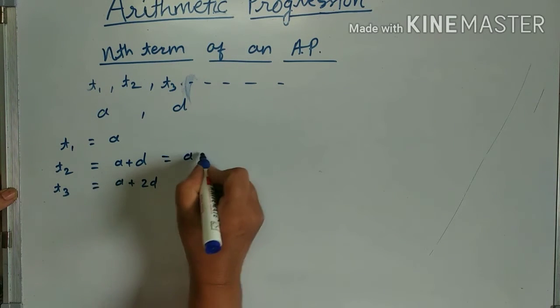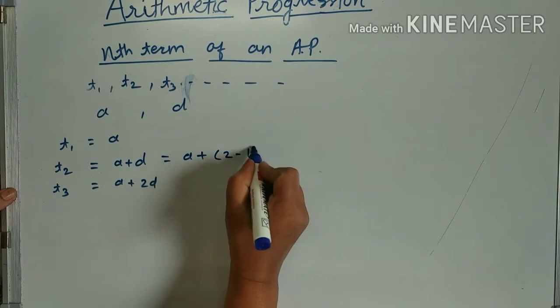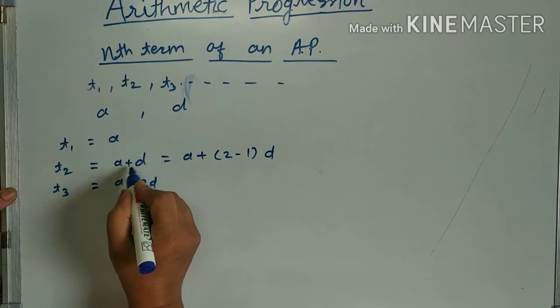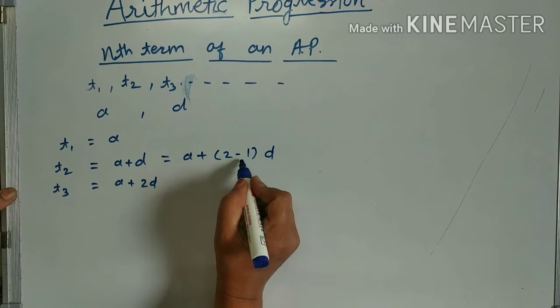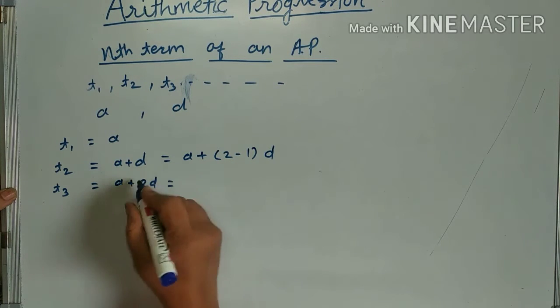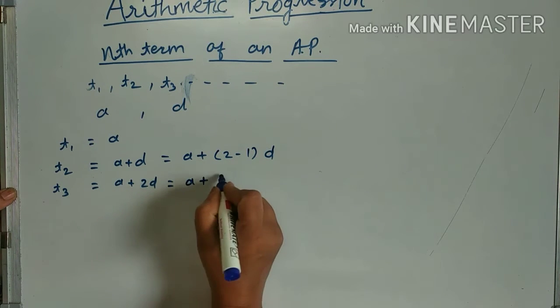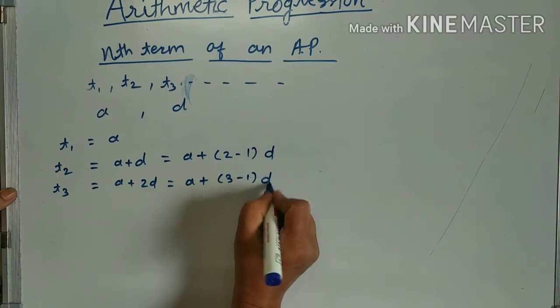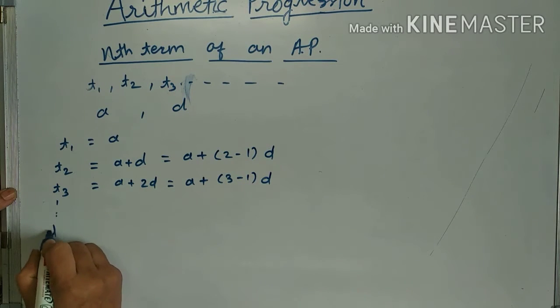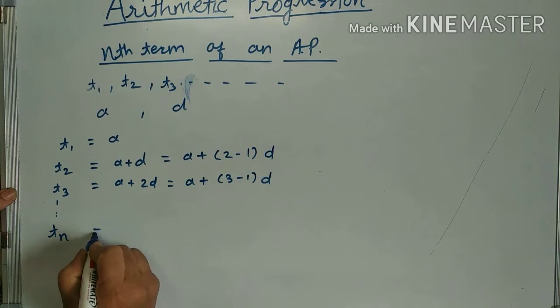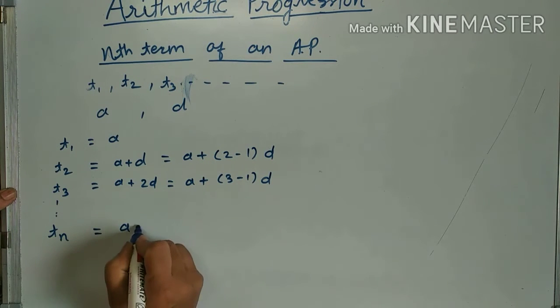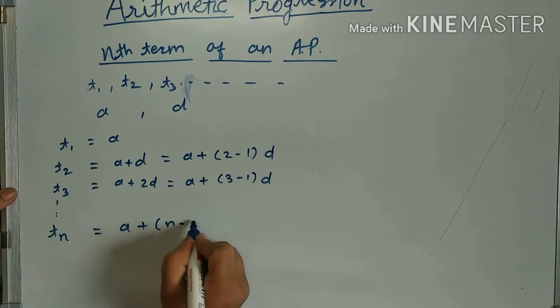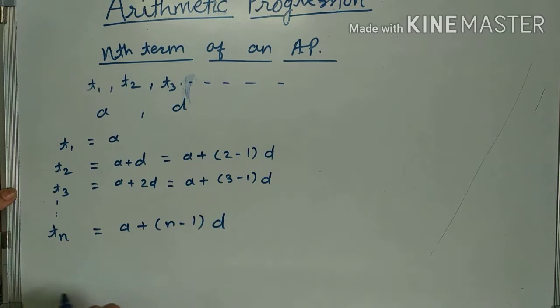We can write this as A plus 2 minus 1 D. Here we can write A plus 3 minus 1 D. Like this we write Tn equals A plus n minus 1 D.